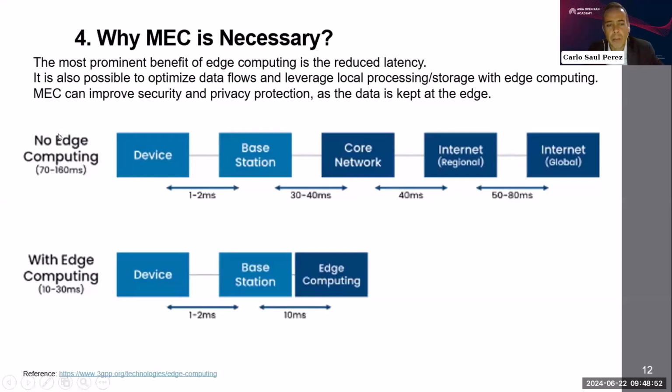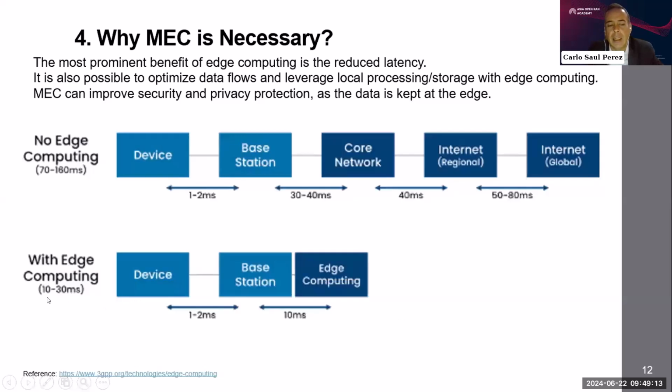So without edge computing, all the processing that we want to do here takes so much time. With edge computing, we're trying to make this time as short as possible. I mean, to reduce the need to communicate with this data processing, with less time.